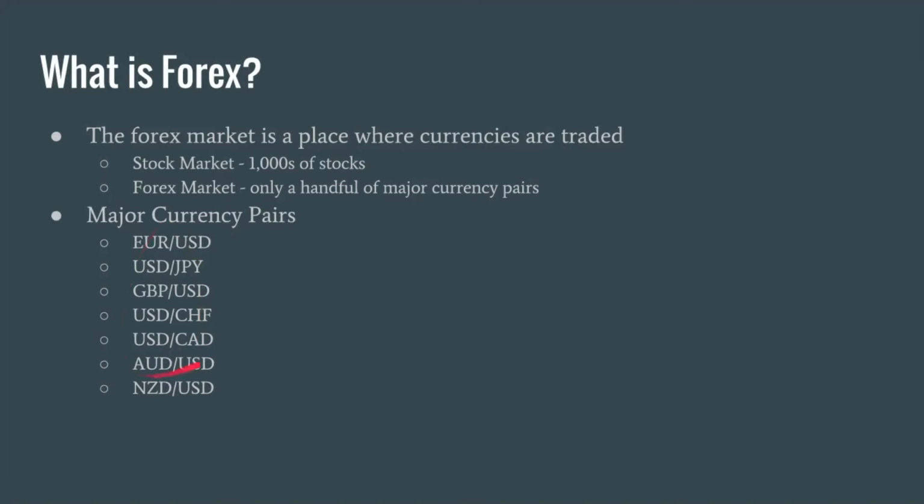And don't worry if this seems like a bunch of jargon, we will cover in this course each of these currency names. And so, unlike the stock market where you have to screen thousands of stocks to find the best opportunities, Forex traders have a much smaller universe and therefore have a much more narrow and focused research.